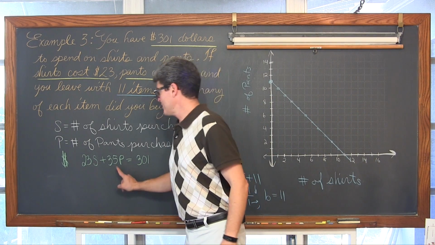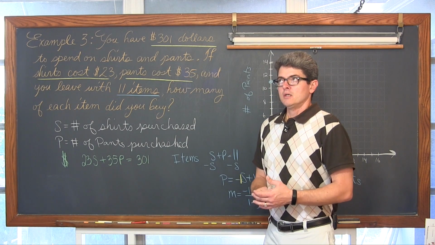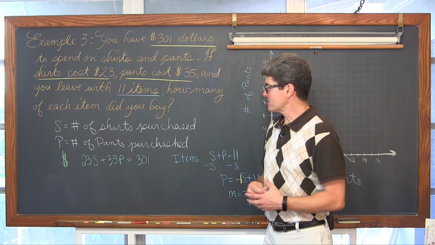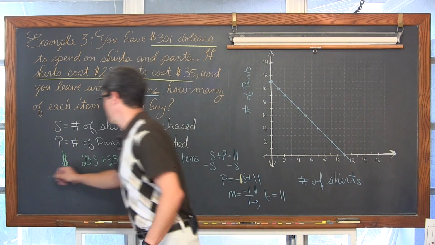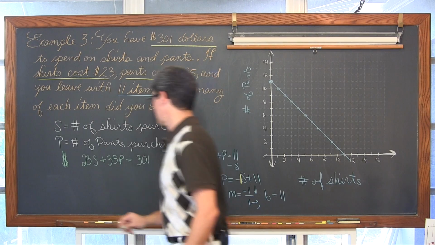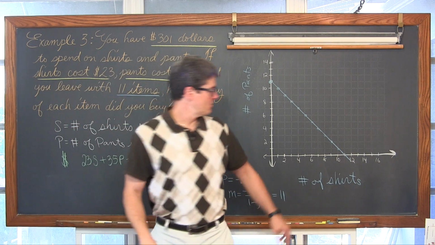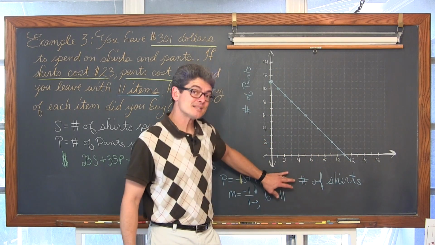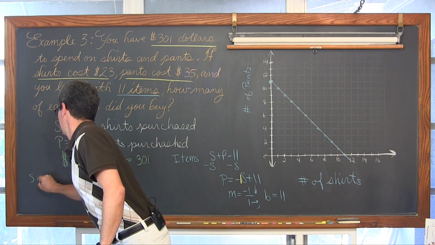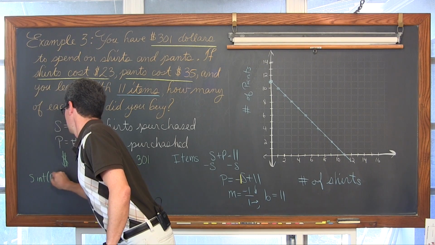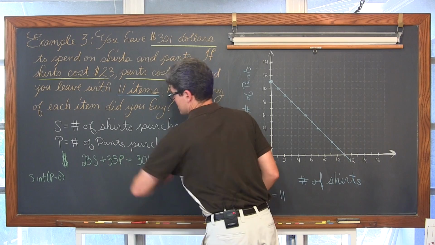Now, if I try and solve this for P, I'm going to have 2 rather uncomfortable fractions to deal with. So this time we are going to find an x and y intercept. We're going to speed the tape up here in a second to shorten it up a little bit. We're going to find an s intercept by letting p equal 0, and I'm going to do that, of course, with this equation.